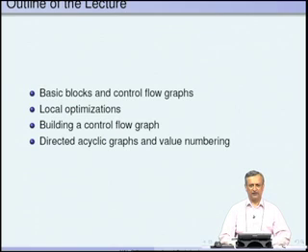These blocks are called basic blocks and the graph is called a control flow graph. This basic block plus control flow graph structure is very useful in optimizations. We will see how they are done, and they are also useful for machine code generation, that will be studied sometime later.